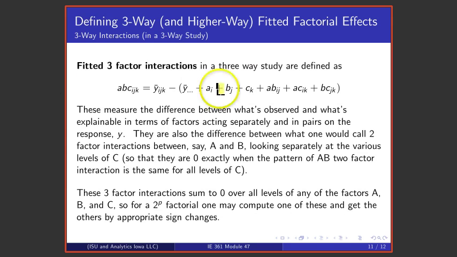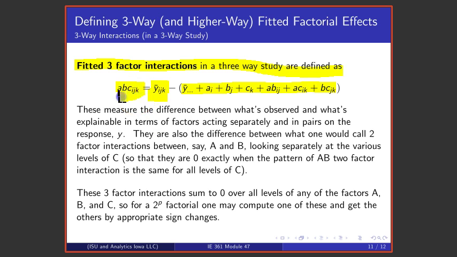Okay, so that leaves us with the problem of defining three-factor interactions or fitted three-factor interactions in a three-way study. And there are a couple of ways to think about this. The way I like the best really is to think of y bars, or what is in some sense, minus what is explainable in terms of all lower order effects.